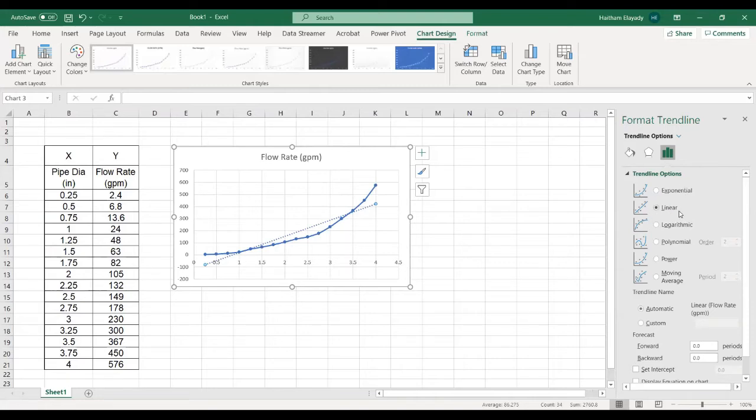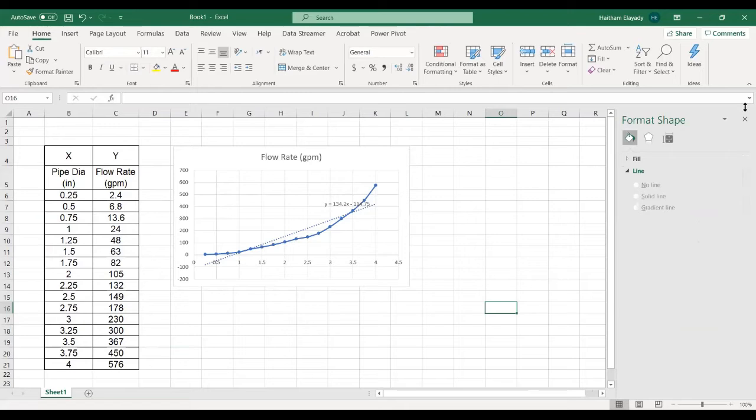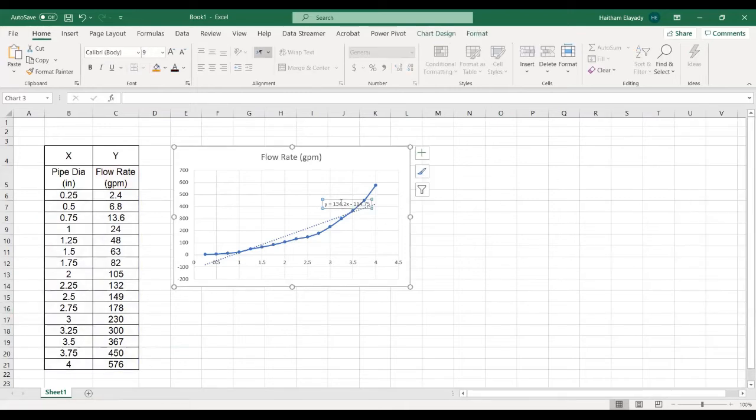I will choose first the linear trend line, and downside you will see an option with a checkbox, Display Equation on Chart. I will put a check mark here, and then I can close it. And here is my prediction equation for the linear equation. I can make it a little bit bigger so it's clear for everyone.